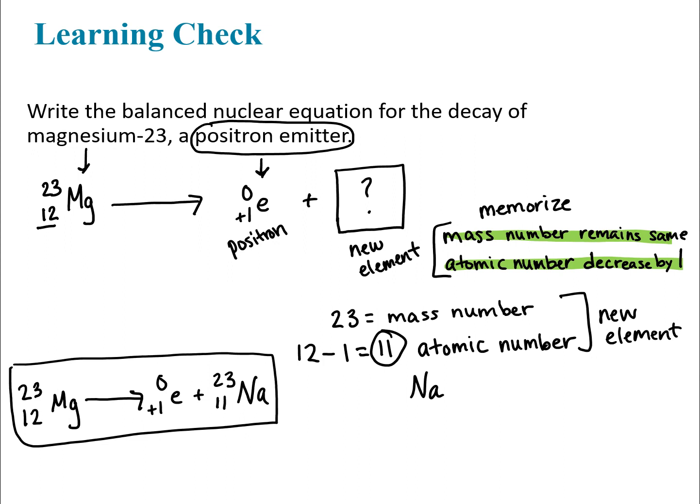Okay, positron, that means this is what my reaction looks like. This is how I find the new element. So even if it doesn't 100% make sense to you, do you understand the information that you need to memorize in order to do these problems?